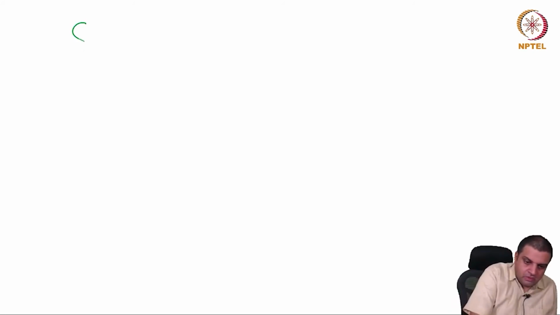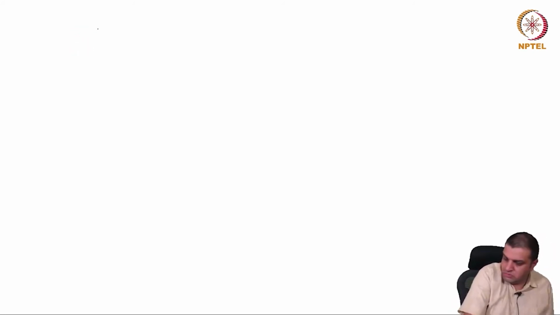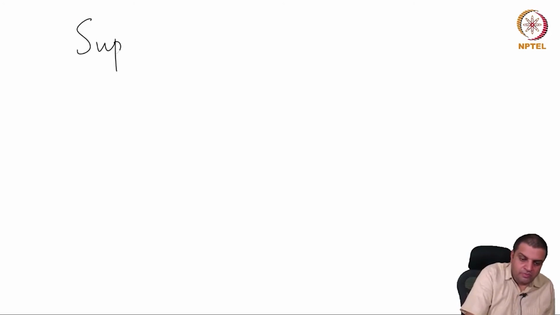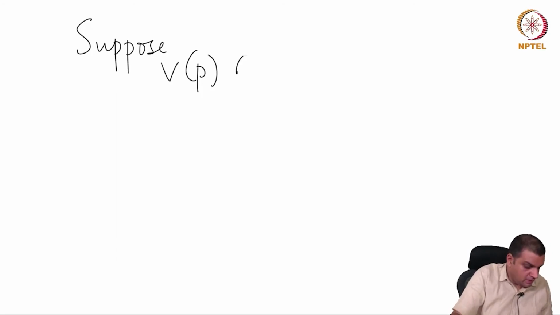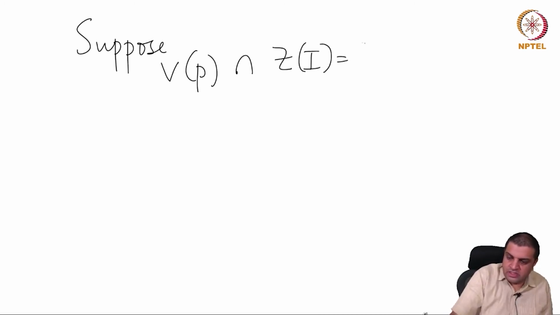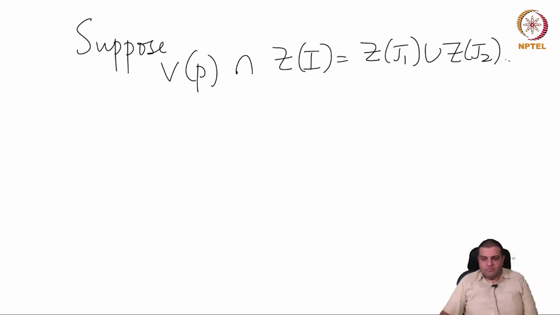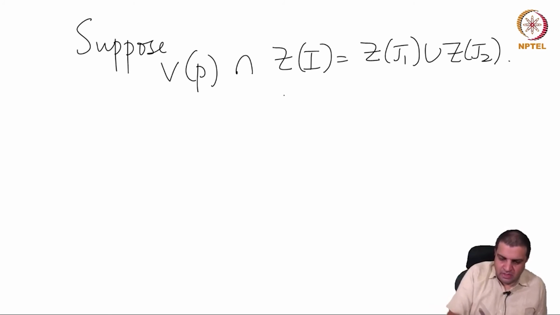Okay. So suppose V of P intersect Z of I is some Z of J1 union Z of J2. But we can simplify this a little bit. V of P is some subset of this.